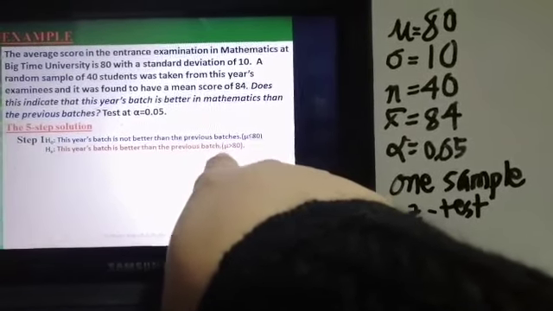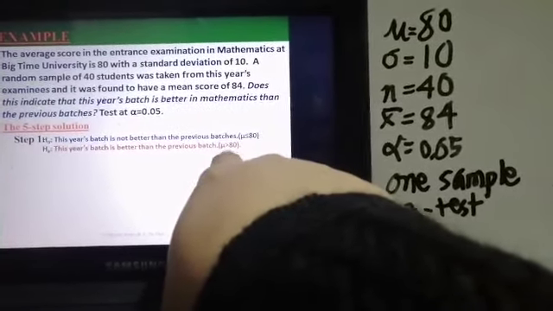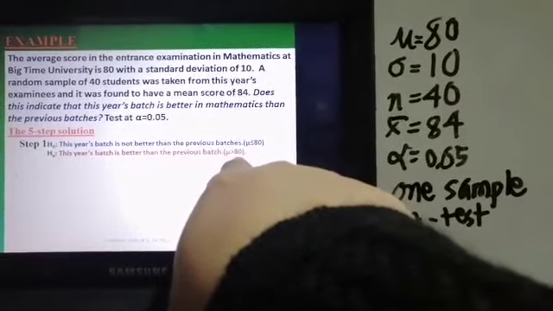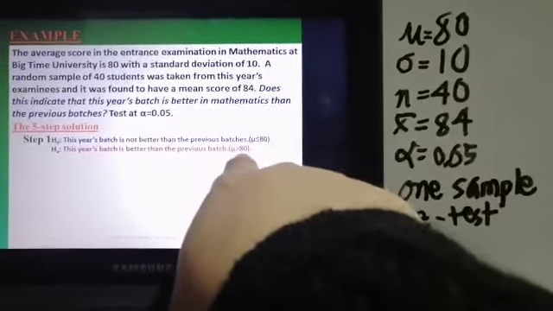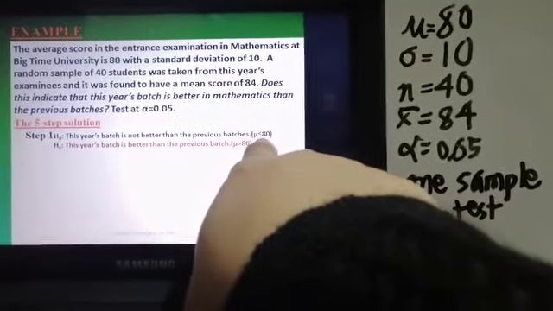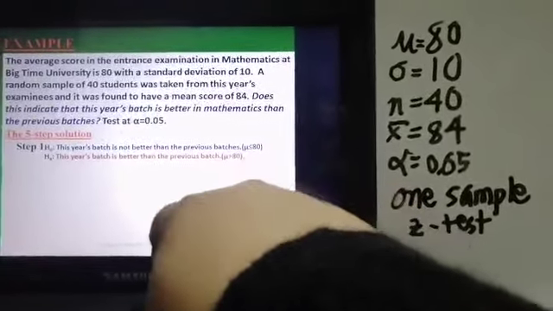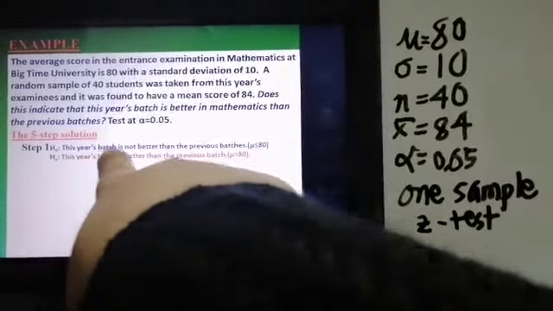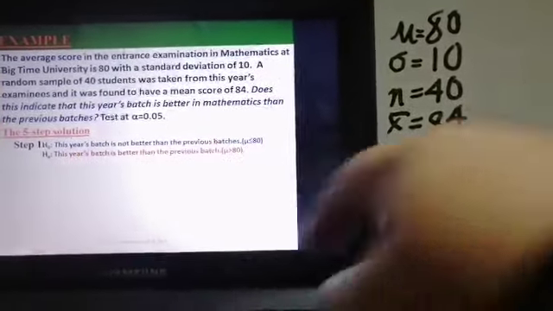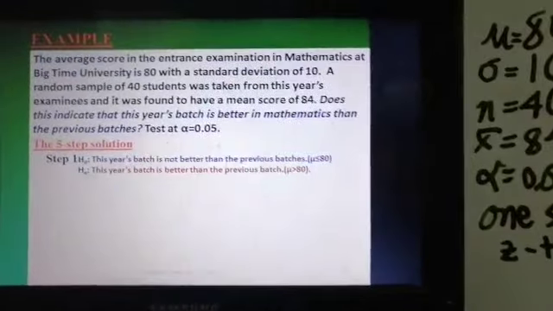We're testing whether it is really greater than our parameter 80. So what then is the opposite of this one? When mu is less than or equal to 80, or in words, this year's batch is not better than the previous batches.